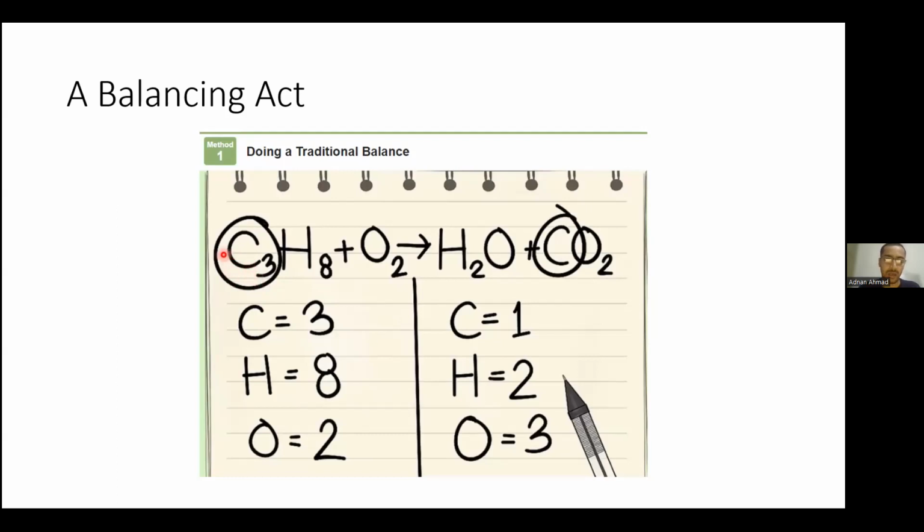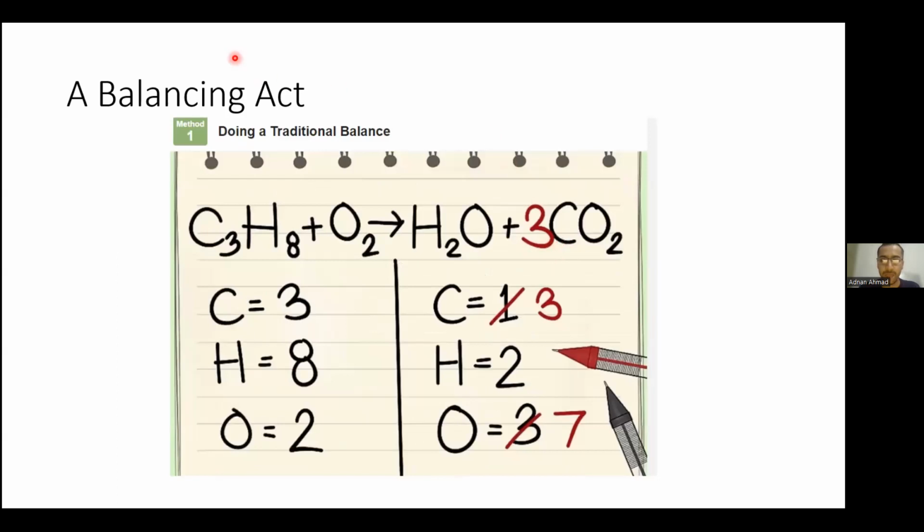We have 3 carbons here, and 1 carbon here, so we will put 3 here as a coefficient so that we can balance the number of carbons. You can see that we have added 3 with carbon dioxide. By adding 3 here, the number of oxygen atoms has changed from 3 to 7.